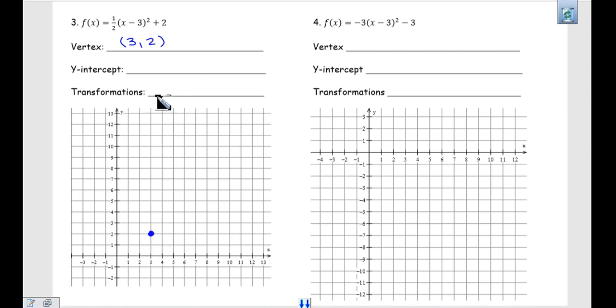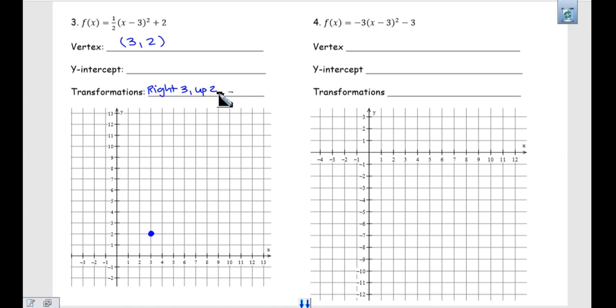I'm going to go ahead and write those transformations down now because they're my first 2 transformations. Right 3, up 2. Now, since there is a number at the front, 1/2, I know that I have vertical stretch or compression occurring. And we talked about that when you have a fraction, it's vertical compression.